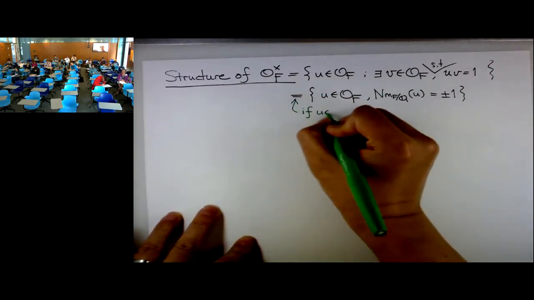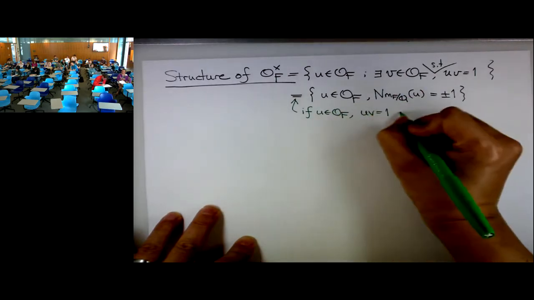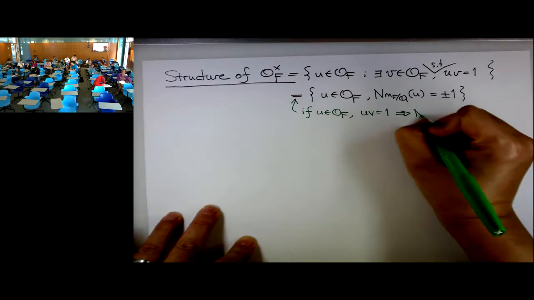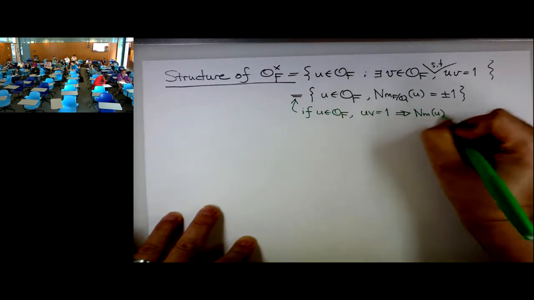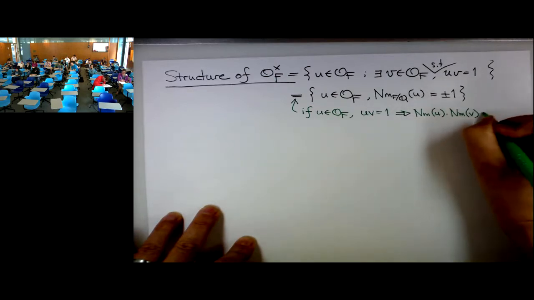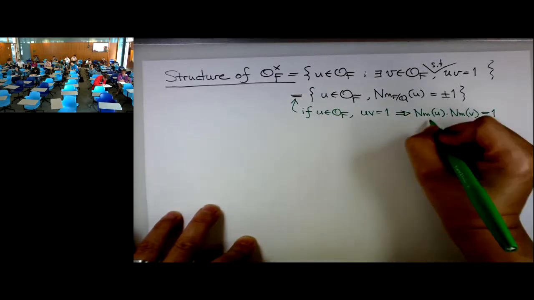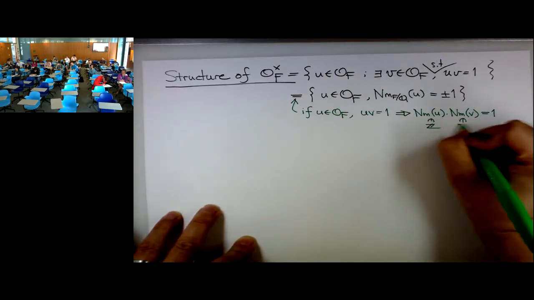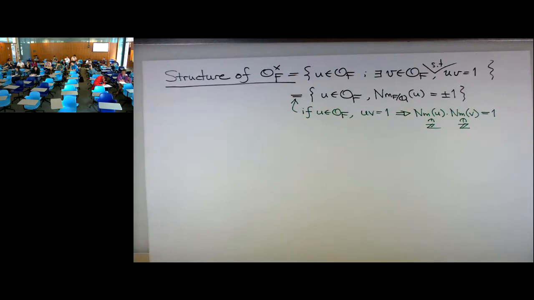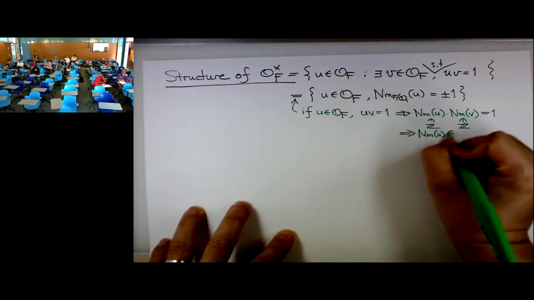If I have an algebraic integer such that uv equals 1, then I can take the norm of both sides. But the norm of an algebraic integer, they're all integers. So when you have two integers multiplied to 1, they better be plus or minus 1. So the norm of u must be plus or minus 1.